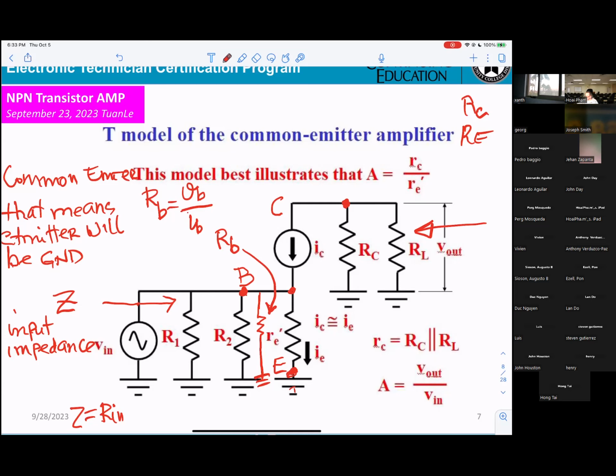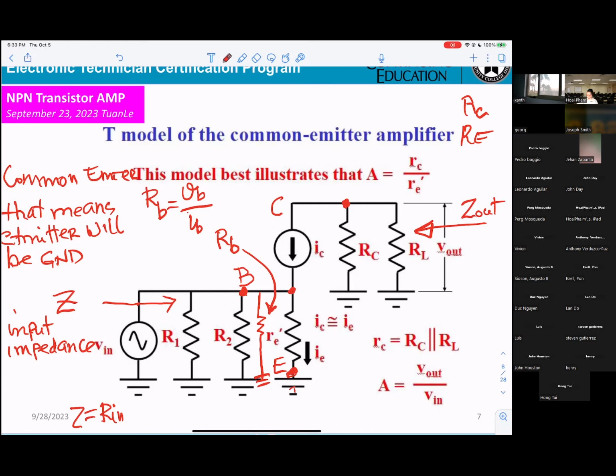They can say you get a Z out. Now, what is Z out equal to? If you look into the output, what do you see?